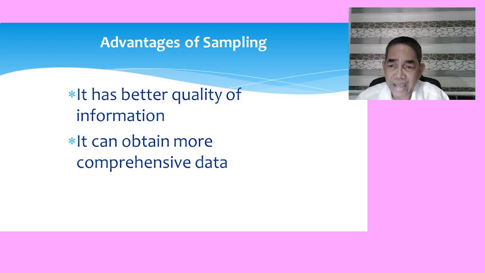Why will we get better quality of information or more comprehensive data when we study only a sample?